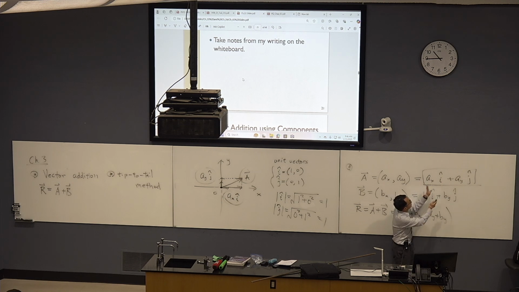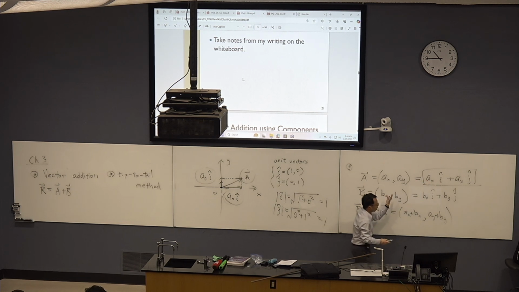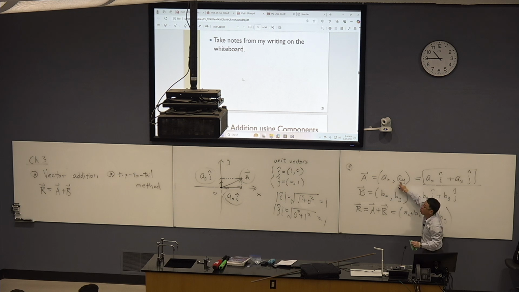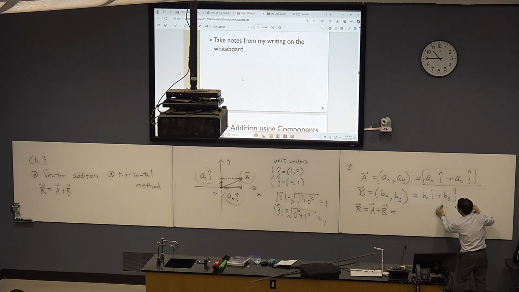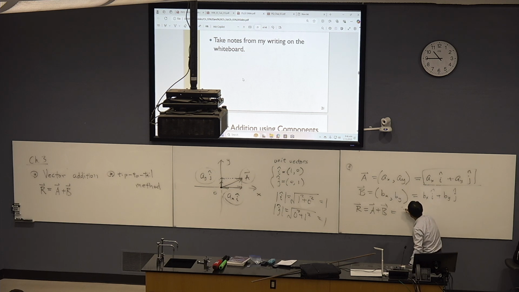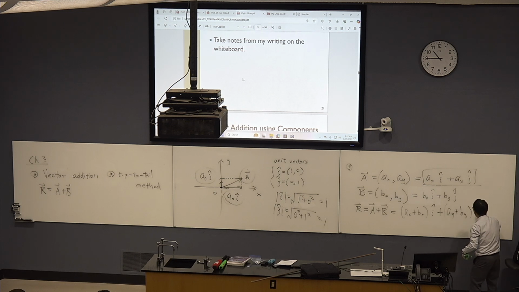Since AX I hat and AY J hat are always perpendicular to each other, you cannot mix those two components. So when you do the sum, how would you do it? Let me erase this, because this part was the high school notation. But now we are in college, so we are using the I hat and J hat notation, so it will become this one: AX plus BX times I hat plus AY plus BY times J hat.